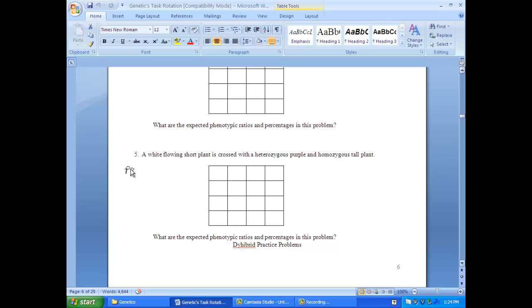So short is recessive. So what's the letter? Little l. Times it is crossed with a heterozygous purple, so big P, small p, and homozygous tall, which is dominant, big L, big L. Okay? And then you're going to do the FOIL method, and then you can figure out what your genotypes and phenotypes are from that.